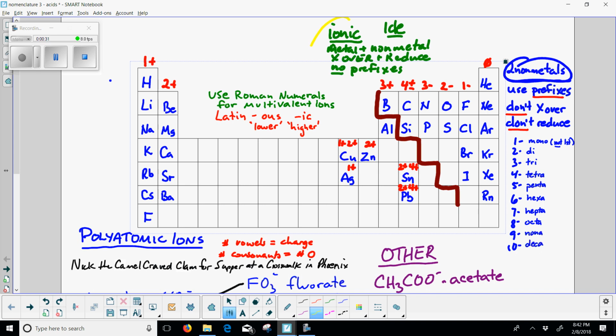If I've got ionic compounds over here, it's a metal and non-metal. You're going to be crossing over using the appropriate charge for the ion, and then you reduce if necessary. No prefixes are required. And for ionic compounds, you typically have binary compounds where you have the "ide" ending. Now, sometimes the metal involved with the ionic compound has more than one possible charge.